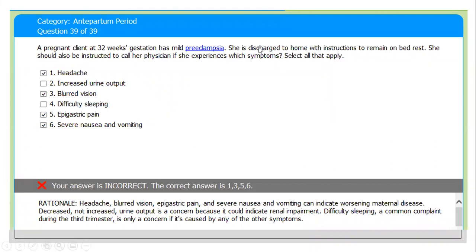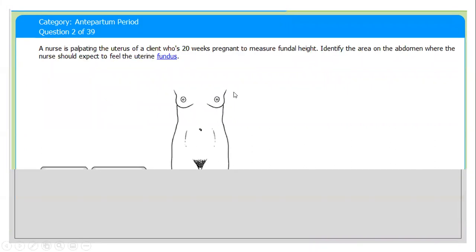So what next? Next question: a nurse is palpating the uterus of a client who is 20 weeks pregnant to measure the fundal height. Identify the area on the abdomen where the nurse should expect to feel the uterus.